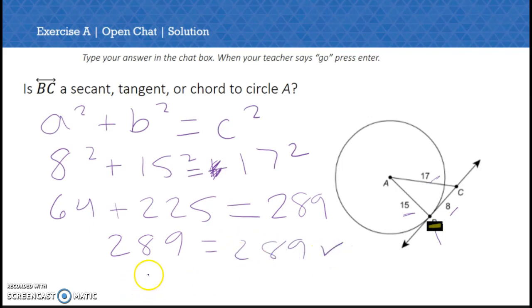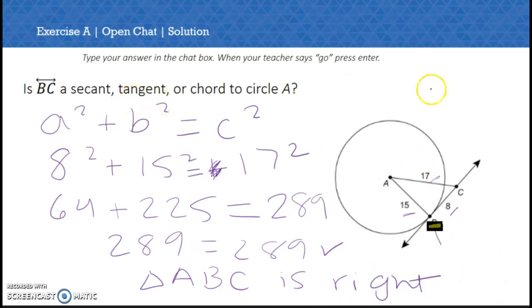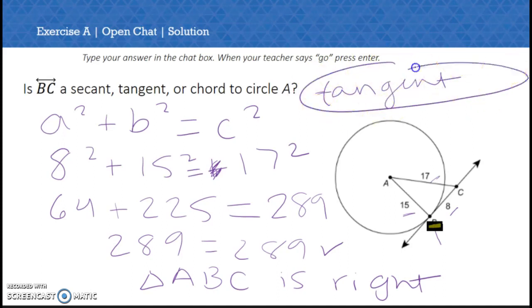That means that triangle ABC is right, which means that BC is tangent.